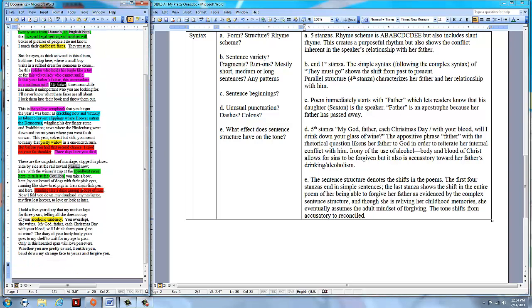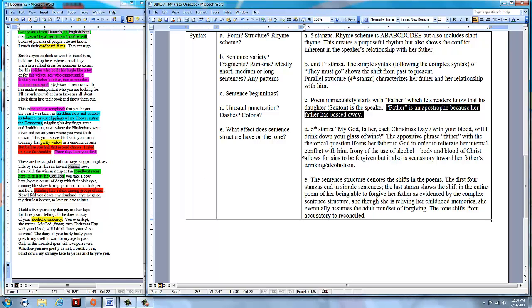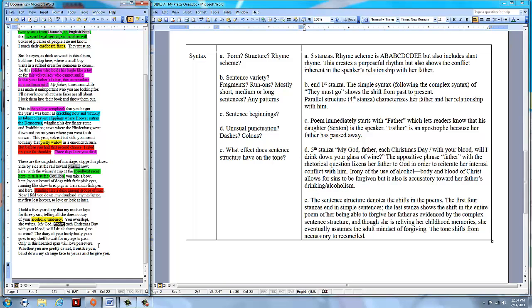Moving on to D, D's looking at unusual punctuation. The 5th stanza: "My God, Father, each Christmas day with your blood will I drink down your glass of wine." The appositive phrase of father, combined with the rhetorical question, likens her father to God, and this reiterates her internal conflict with him.